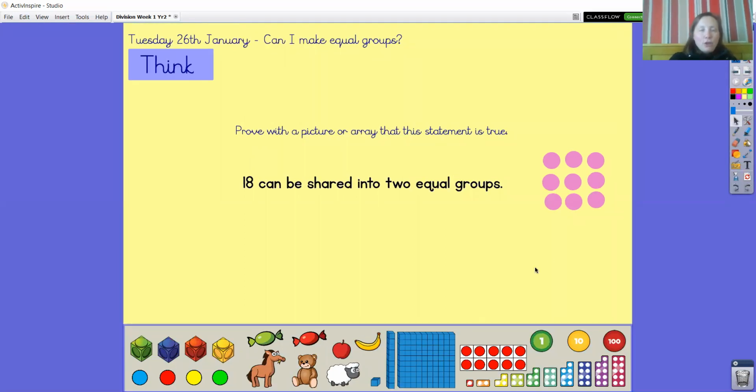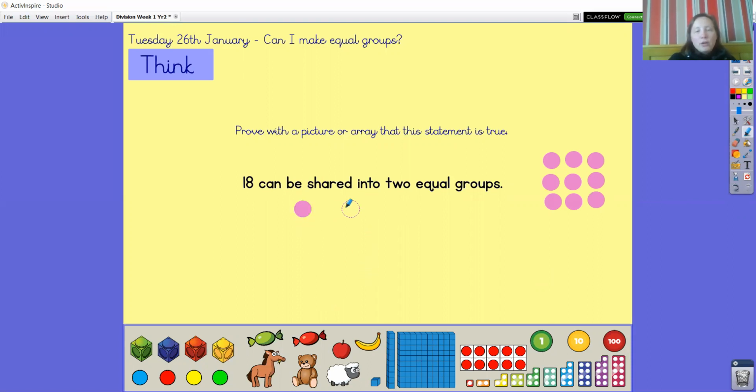Right, well done for having a go. I wonder if you used your objects to help you. Let me have a go. So I'll change colour pen so we don't get confused. So I need 2 equal groups. So we're going to do one group here, one group here.